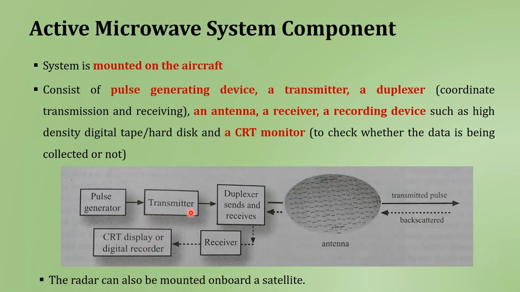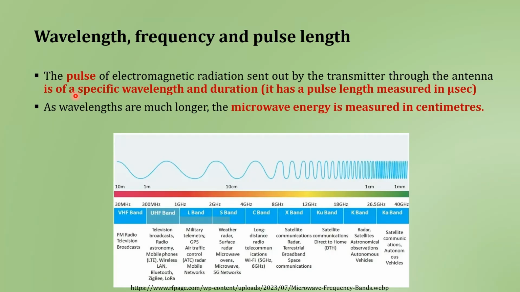So during transmission, the pulse which is generated by the pulse generator is of a specific wavelength and duration, and it is defined by the pulse length which is measured in microsecond. And as the wavelength of the microwave radiation is much longer, the microwave energy is measured in centimeter, and we can see the electromagnetic radiation in the microwave region is classified into different bands.